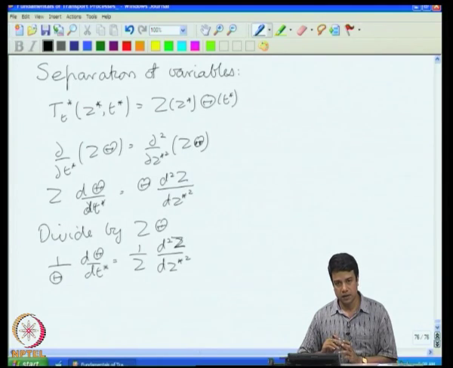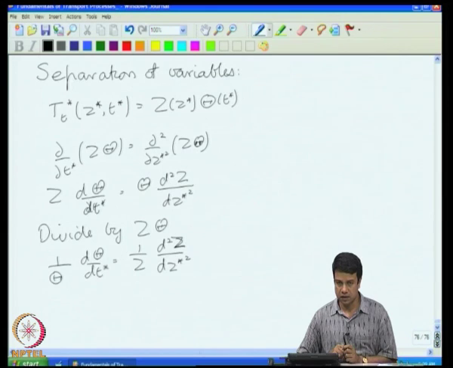In that case, I can keep z a constant and change t. If I do that, the left hand side changes, the right hand side does not, because I kept z a constant and changed t. So, if the left hand side changes and the right hand side does not, then the equality is no longer valid. Conversely, I can keep t a constant and change z.